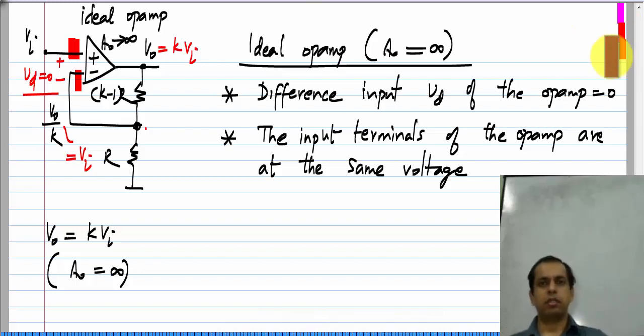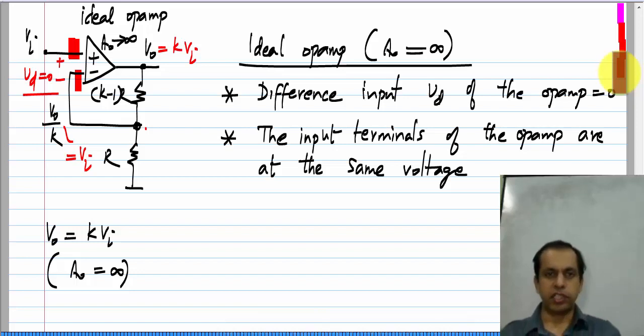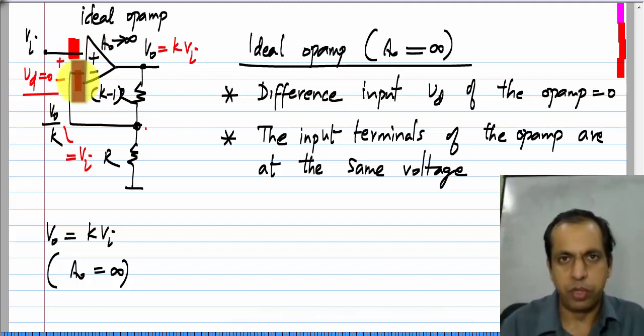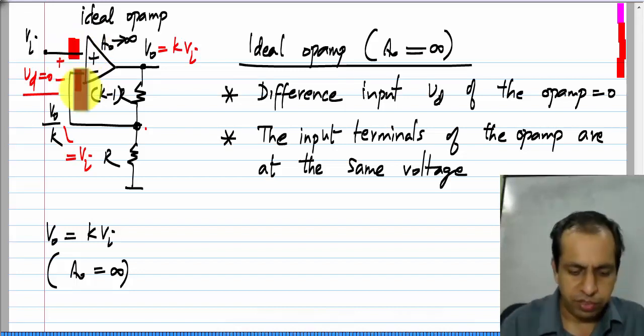Now, if you have two nodes and you place a short between them, the difference between the two node voltages will be exactly 0. In this case, the difference between this node voltage and that node voltage, that is the node to which the two inputs of the op amp are connected, that difference is 0.